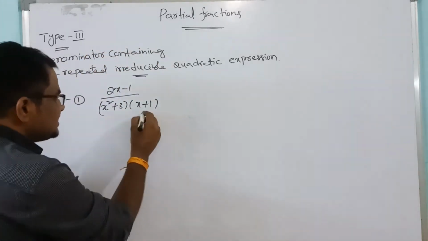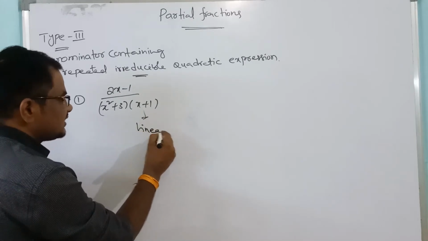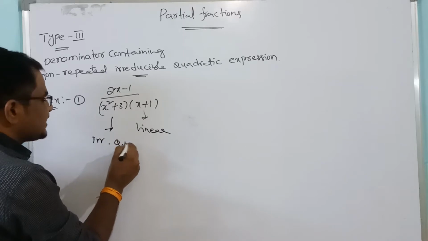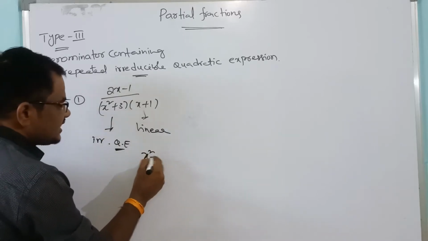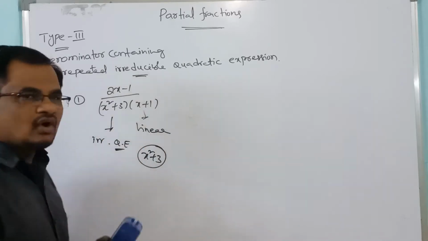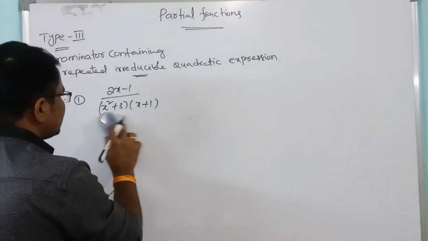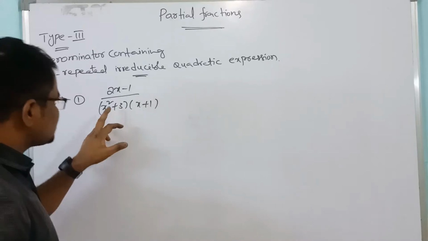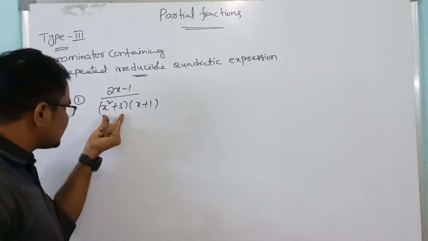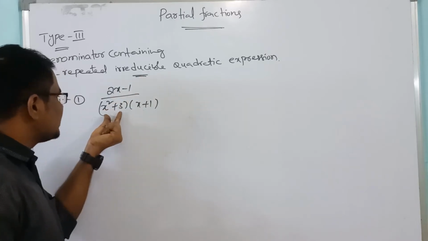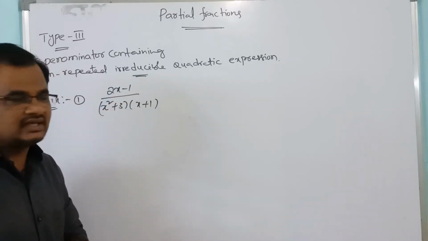This is a linear factor and this is an irreducible quadratic expression, because for x² + 3 there are no factors, right? So that's why this is called non-repeated, meaning only one irreducible quadratic expression is there, right?